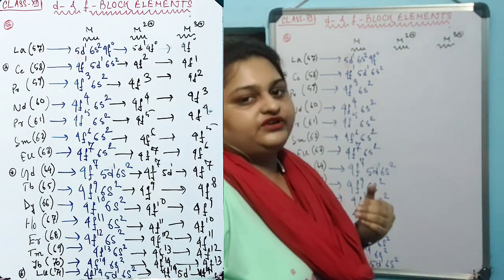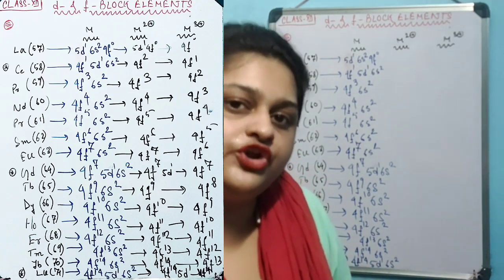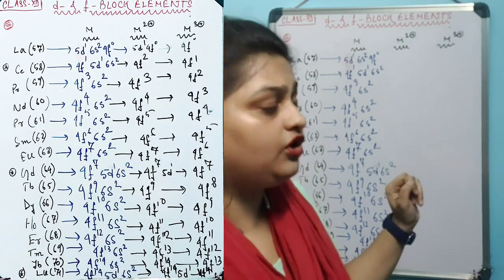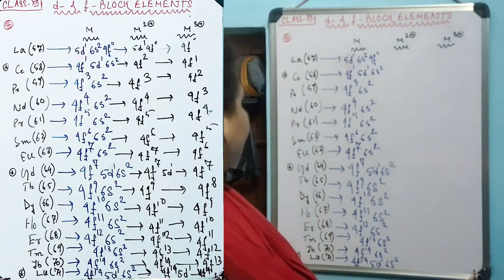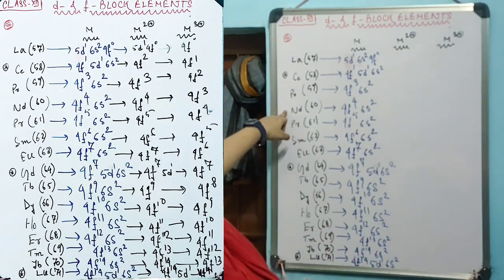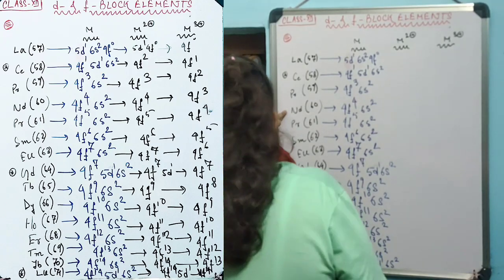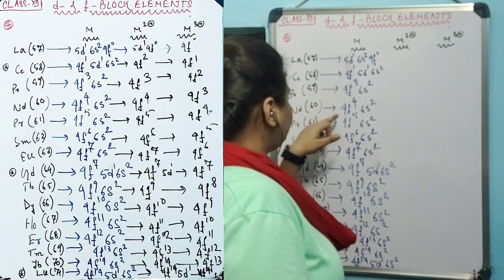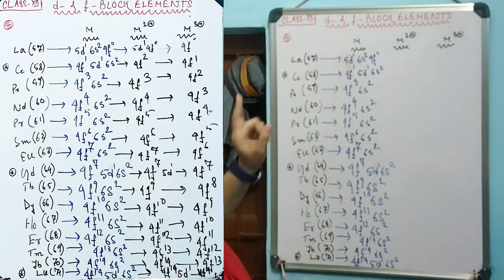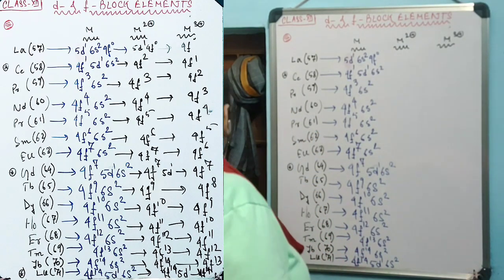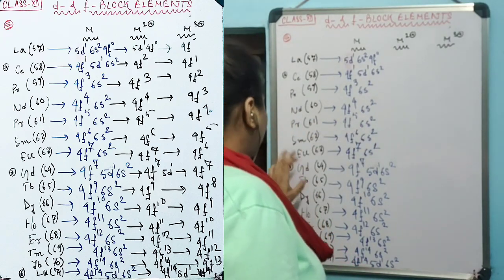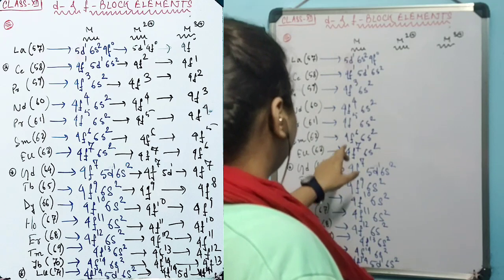By getting the 5d electron, it has the electronic configuration 4f3. That's why there is no 5d electron, and that is being followed. In the fourth element, neodymium, Nd is with 4f4. For promethium it is 4f5. For samarium it is 4f6.